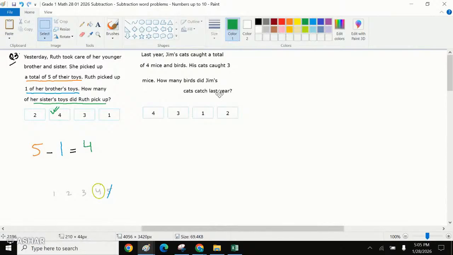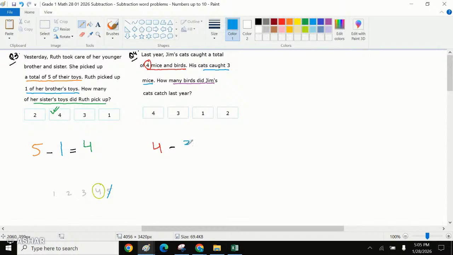So in question number 4, it says, Jim's cat caught a total of 4 mice and birds. His cat caught 3 mice. Then how many birds did Jim's cat catch? Okay. So the total was 4 mice or birds minus the total mice.